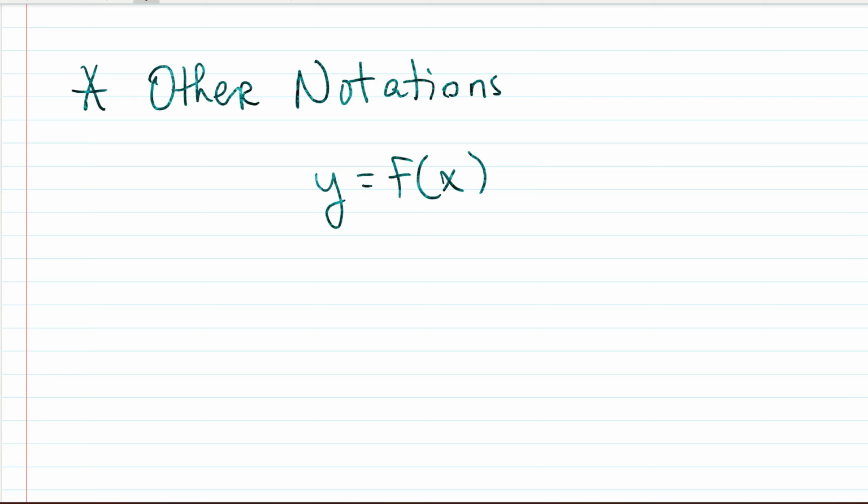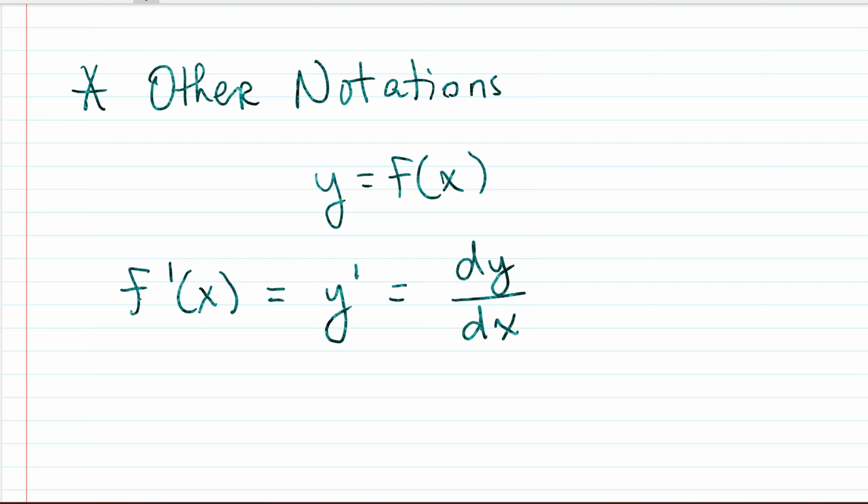Then we have some alternative notations for the derivative. As we already know, it's f prime of x. We could say y prime. We could also say dy dx, which is just saying the derivative of y with respect to x.